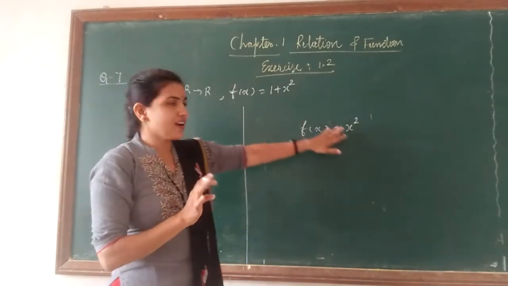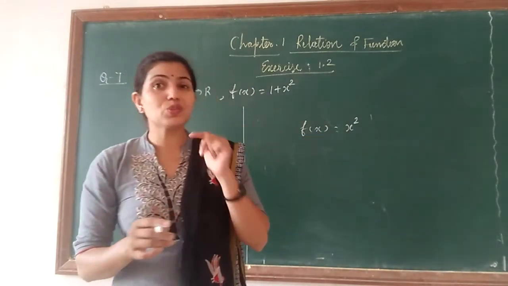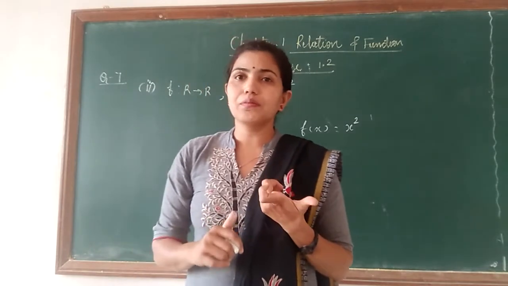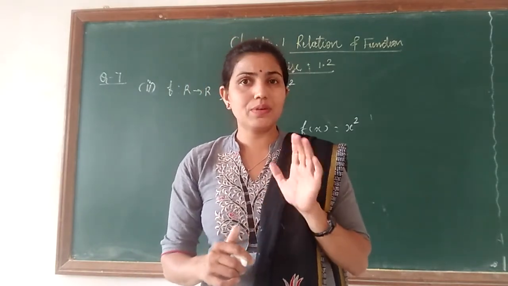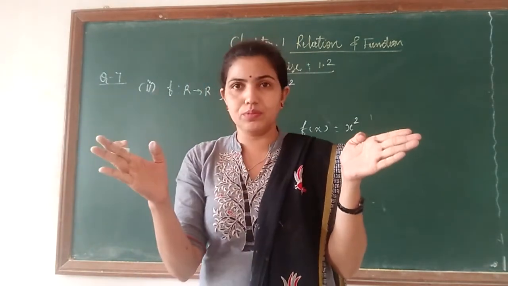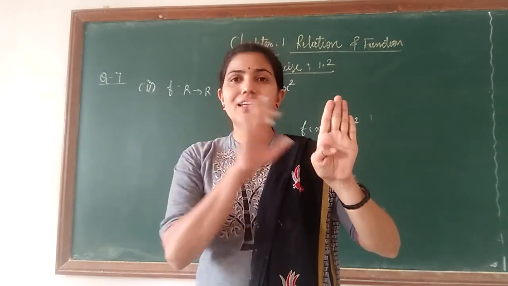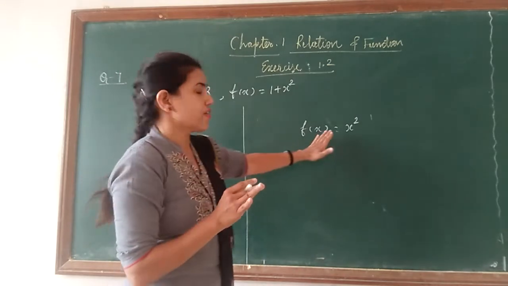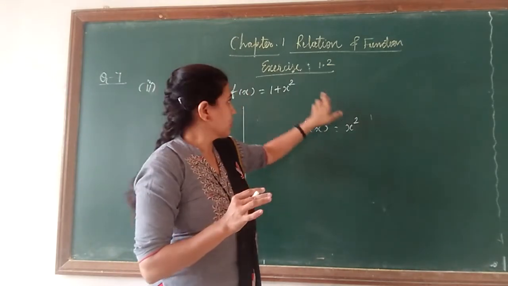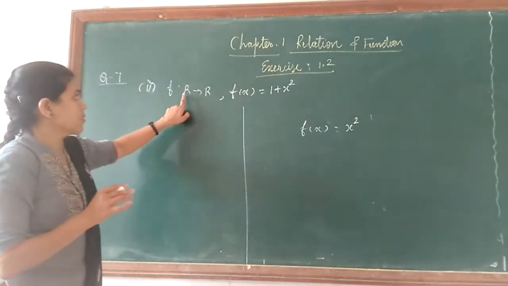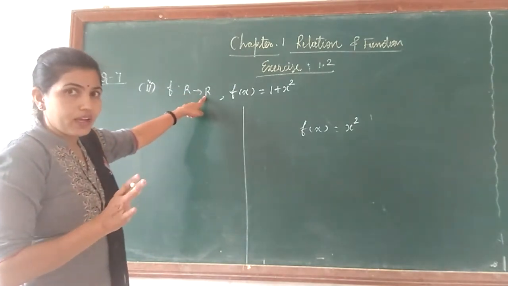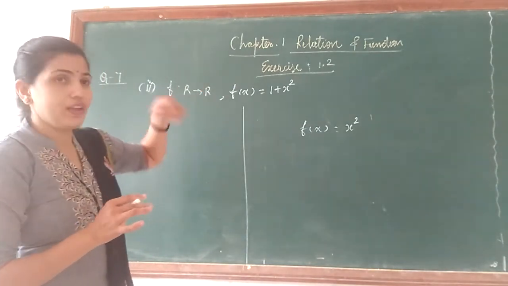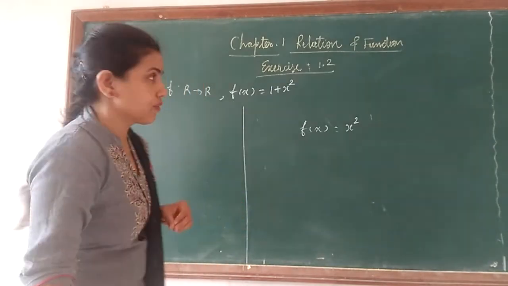Whenever squares are there, obviously there are two numbers whose squares are equal: 1 and minus 1, 2 and minus 2. Similarly, each positive number and its negative will give you the same square. So in that case, we are finding the same value. Here x square is there and the function is from R to R, and that's why we will take one example for this.